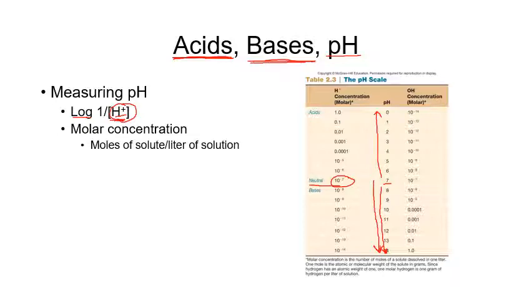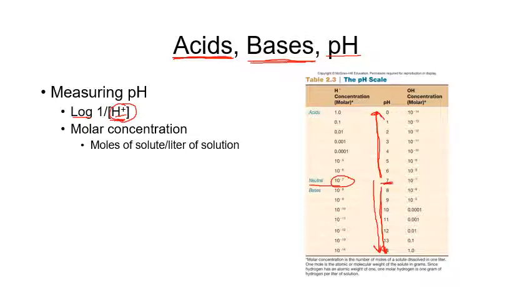You've seen those waters in the market. They're at a pH of 9, so they're alkaline, or more basic than water. Whereas acids would contribute to a solution that is lower than pure water at 7.